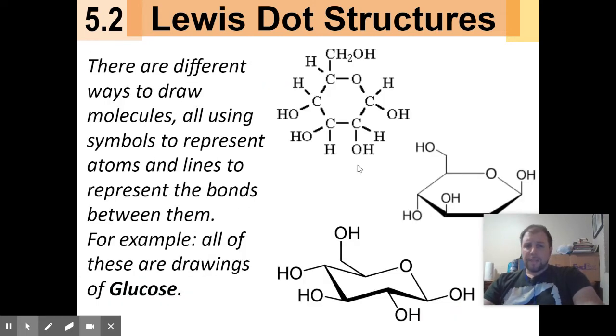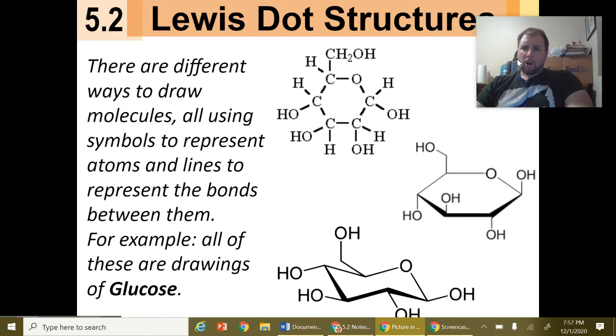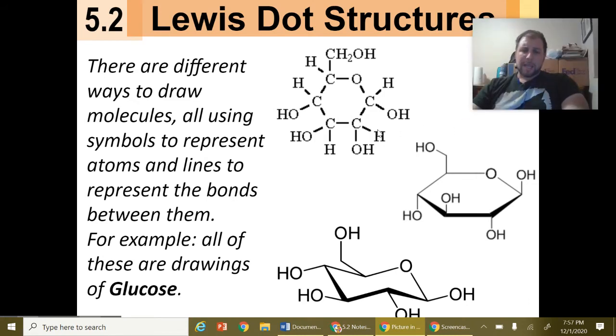Now, there are different ways to draw molecules, but all of them are based around the same idea in that you use letters to represent the different atoms that are involved, and you use lines to represent the bonds that connect them. For example, all three of these images here represent the exact same molecule, glucose, just in slightly different ways.